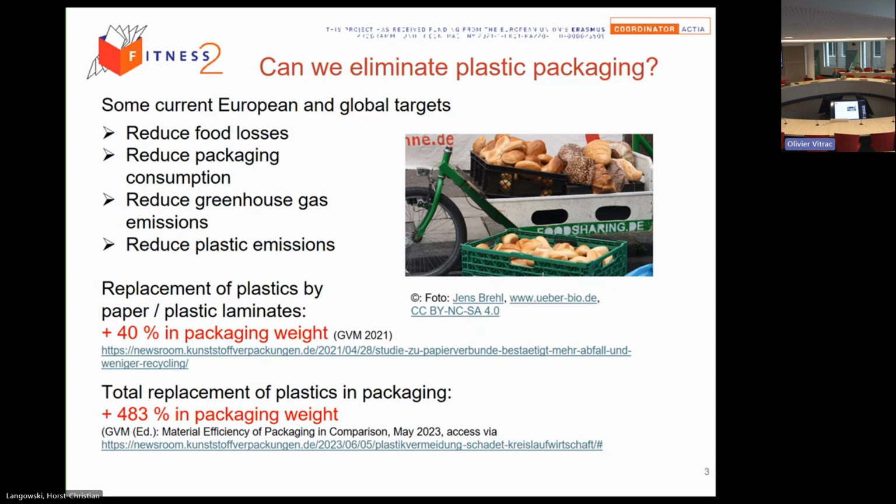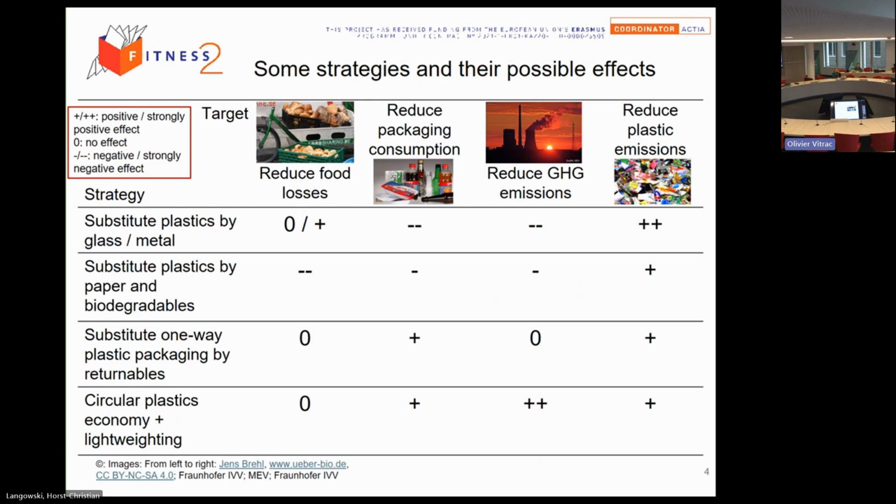And if you would like to ban all plastics from packaging, you increase everything by nearly a factor of 5, which means that you get another environmental problem, namely global warming potential simply due to transport processes. So it's not that simple. And I try to make this visible on this slide.